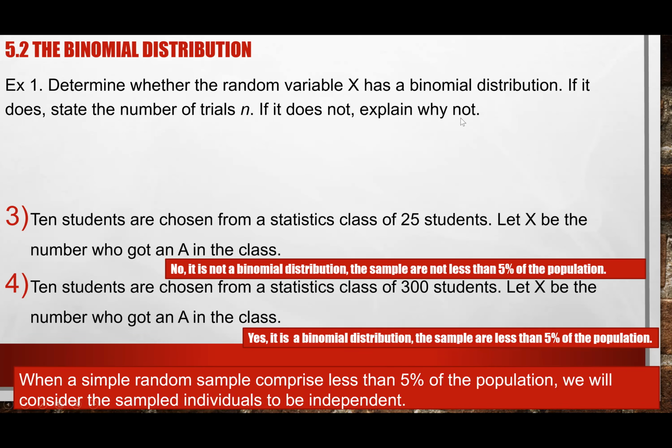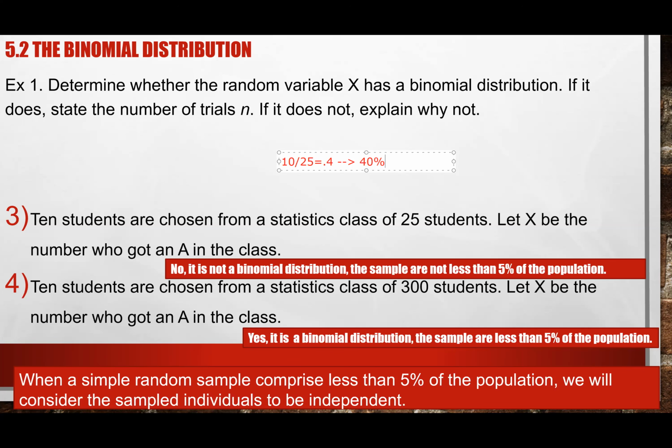If you take a look at our data on number 3, we have 10 students out of 25. If you take 10 divided by 25, everybody see that this is equal to 0.4, which is 40%, which is bigger than 5%.